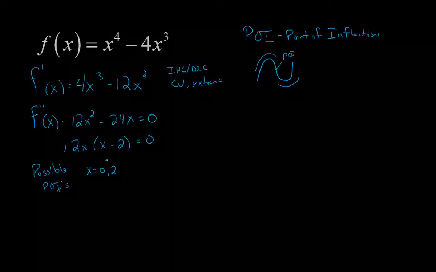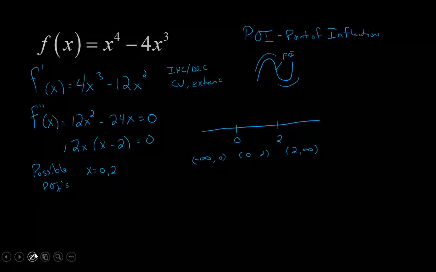So very similar process here from the first derivative test stuff. We are going to make a number line from 0 and 2. And we will have these intervals now from negative infinity to 0, between 0 and 2, and from 2 to infinity.